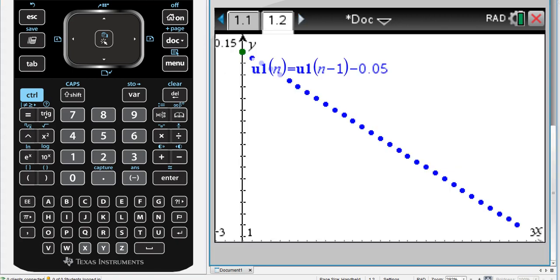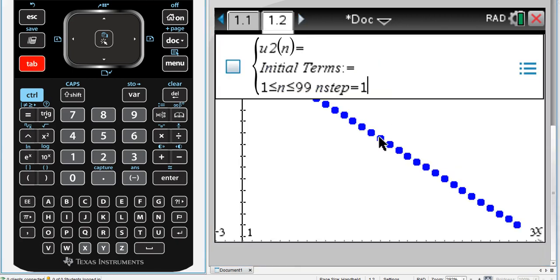Same result if we go on a table. If we go to our graph mode and go up, we're going to put in our table here: u n minus 1, all the same, times 1.005, starting with 7,600. 0 to 30 seems fine, as long as you keep that number reasonably low so you don't stress your calculator out.